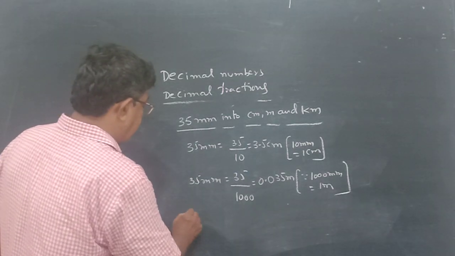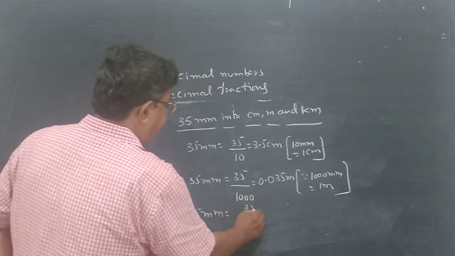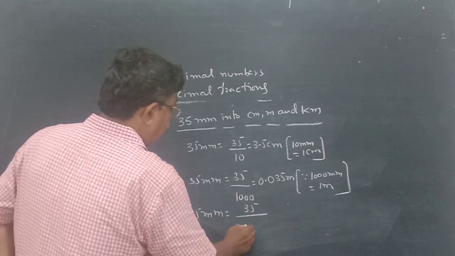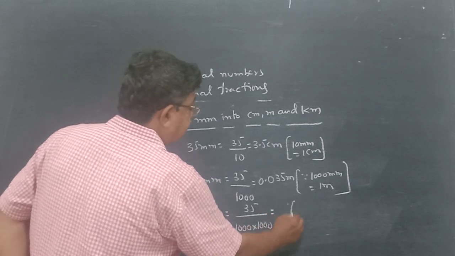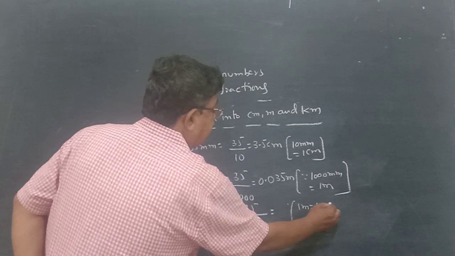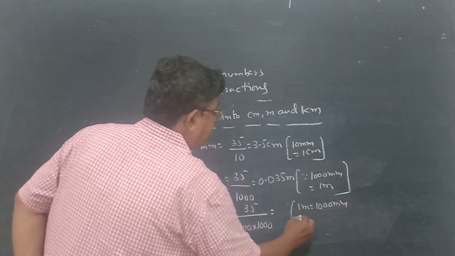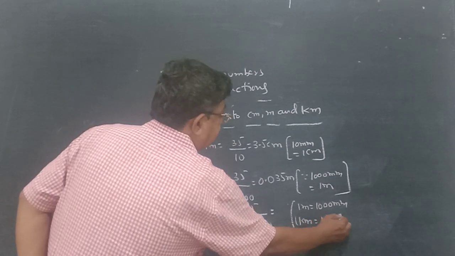Now last one, 35 millimeters equal to 35 by 1000 into 1000, because 1 meter equal to 1000 millimeters and 1 kilometer equal to 1000 meters.